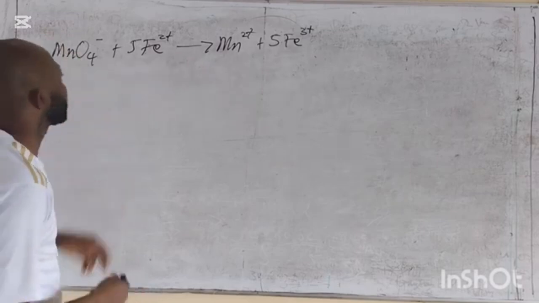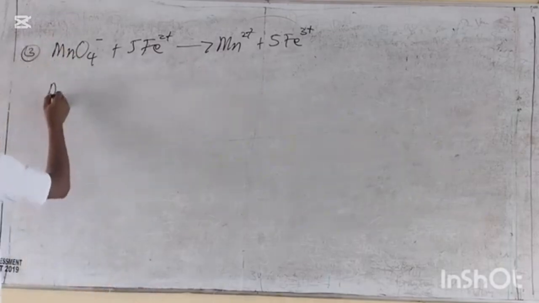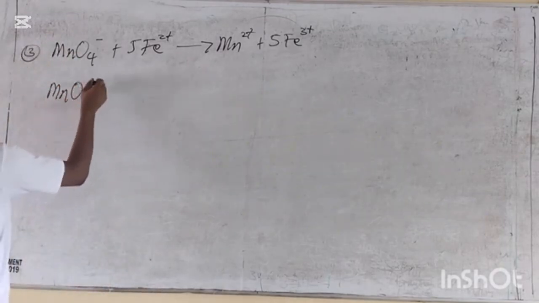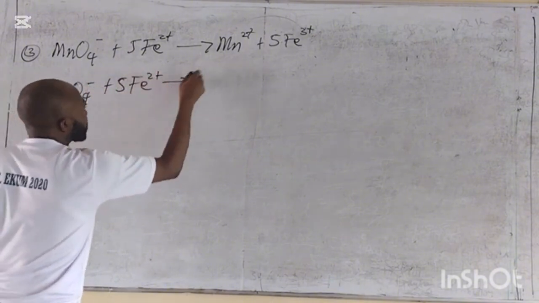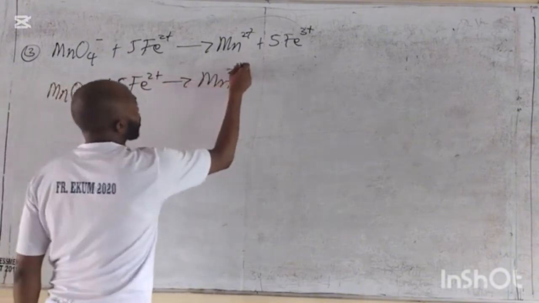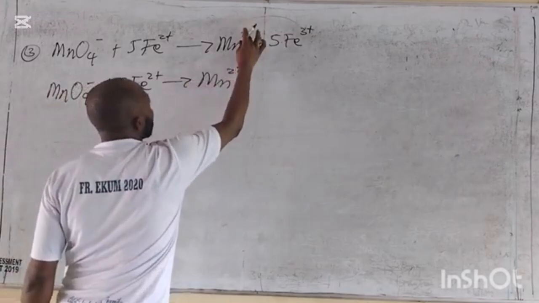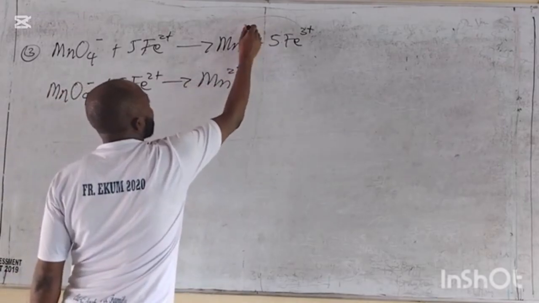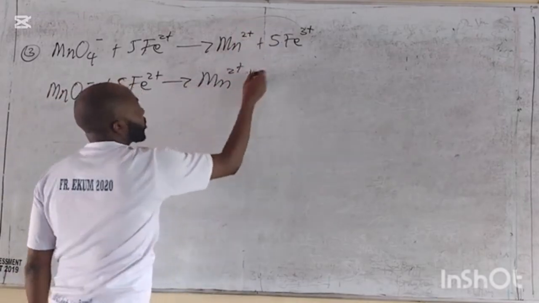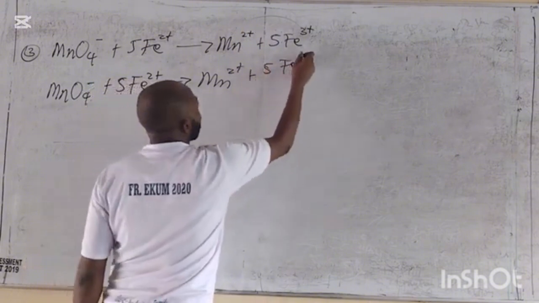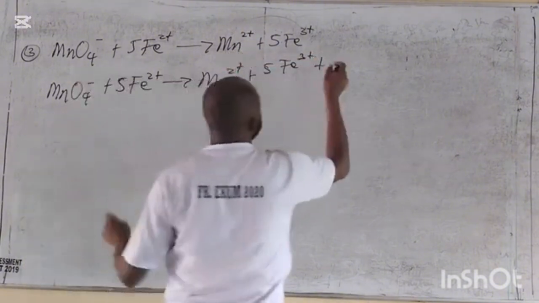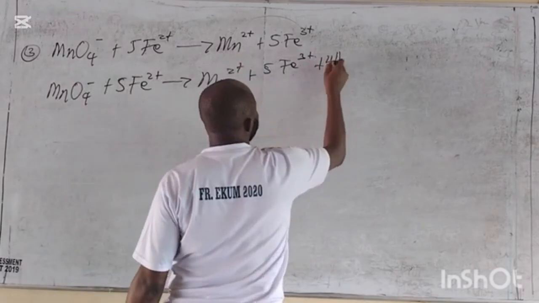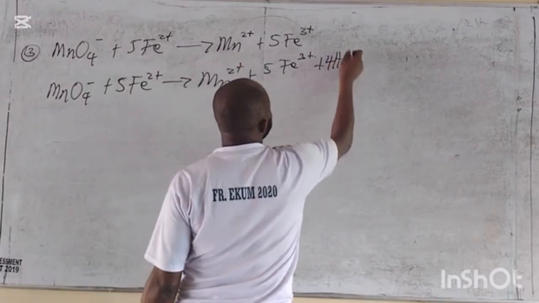Oxygen here is 4, so I have my MnO4 minus plus 5 iron 2 plus give us Mn2 plus plus 5 iron 3 plus, and we have 4 oxygen, so 4 H2O.